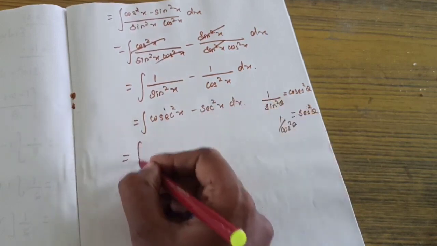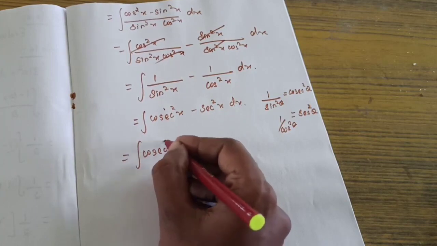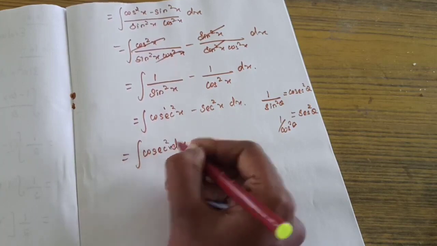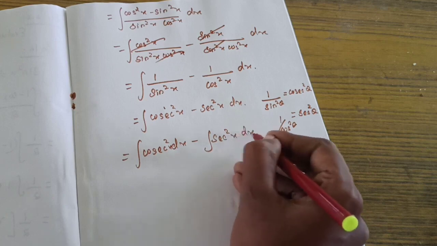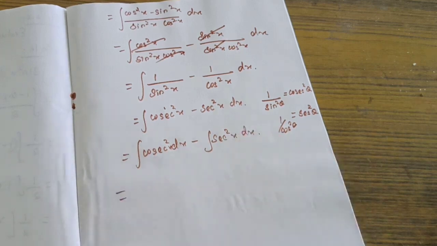Now split it. So integration of cosecant square x dx minus integration of secant square x dx. Integration of cosecant square x dx is in type 4. I gave the formulas for you. What's the formula we'll use for cosecant square x?